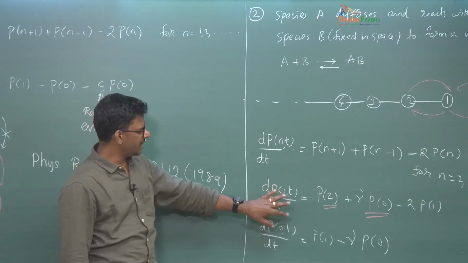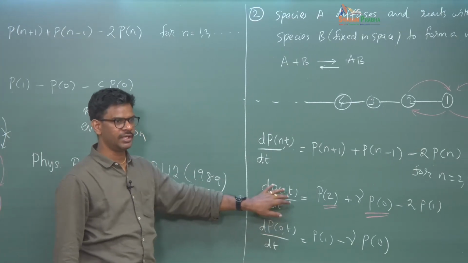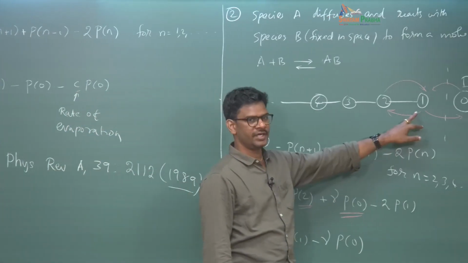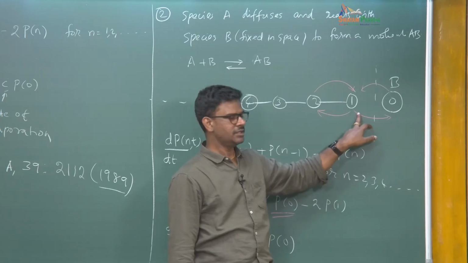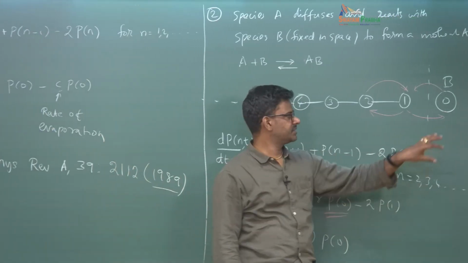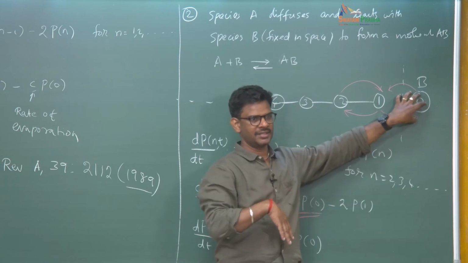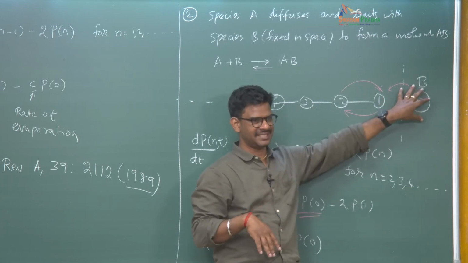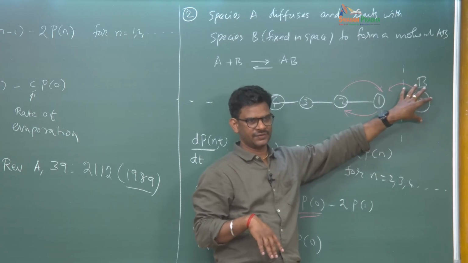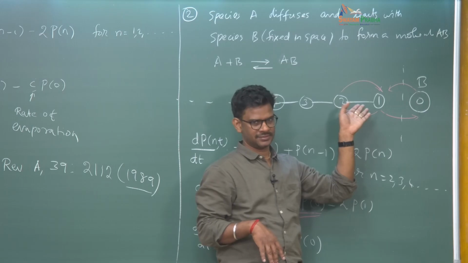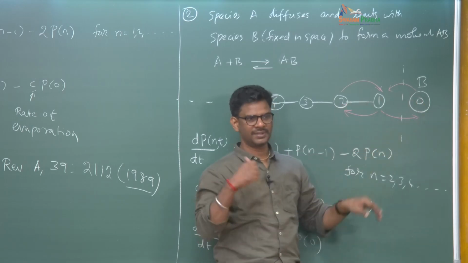But I think you have to be very careful about setting up these boundary equations by looking at what are the processes that are going to affect the state near the boundary. In the previous example, we created a dead state to model an evaporated molecule, not going to come back. But here, on the other hand, this is not a dead state. It is still an active state where a molecule can be formed and can be dissociated back. So there is a small difference between this problem and the other problem.